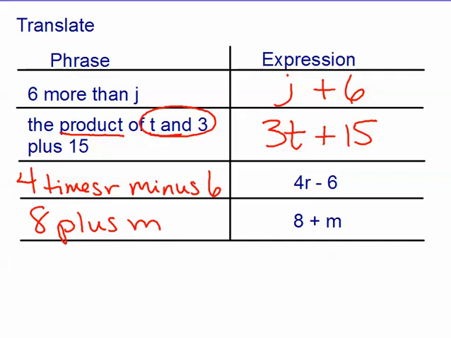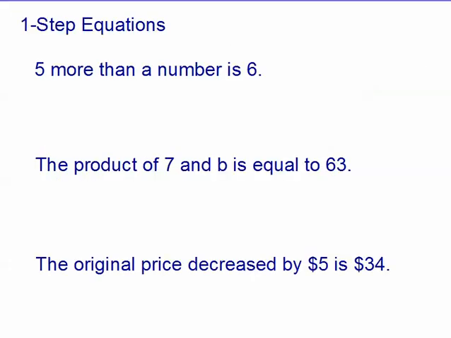So now what if we turn this into equations? With expressions, we know that we don't have an equal sign. With an equation, we do have an equal sign. And the word that represents equals is the word "is." So if we have 5 more than a number is 6, we have one expression, and then we have equals the other expression.